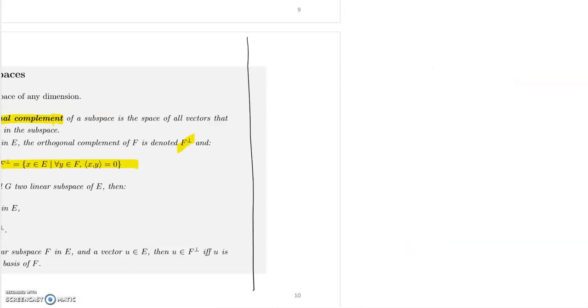Let's give some very simple examples of orthogonal complement. Let's say you've got an inner product space E. What's the orthogonal complement of the 0 of E? Well, it's going to be the items that are all orthogonal to 0, but we know that 0 inner product with any x is equal to 0.